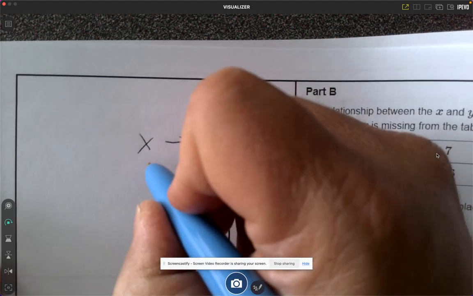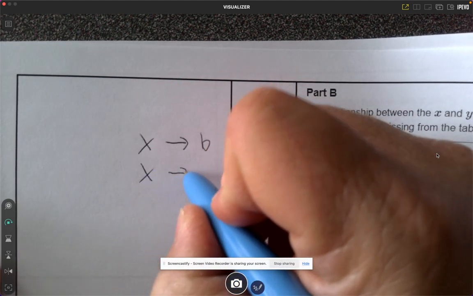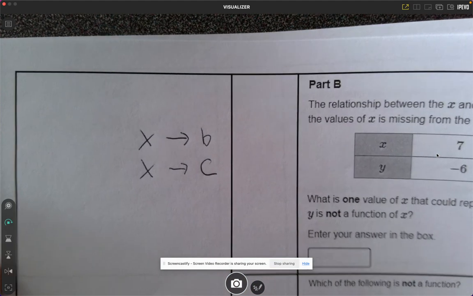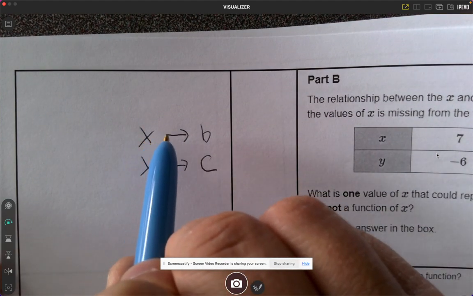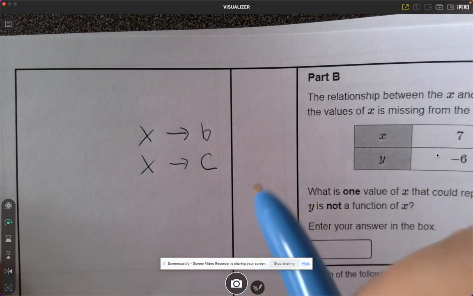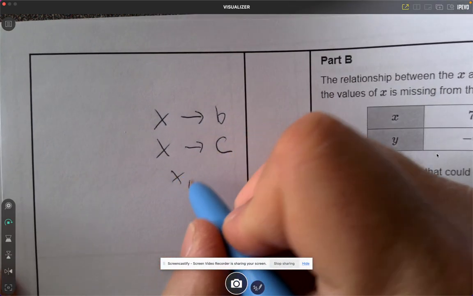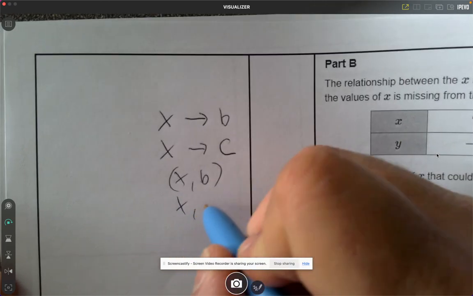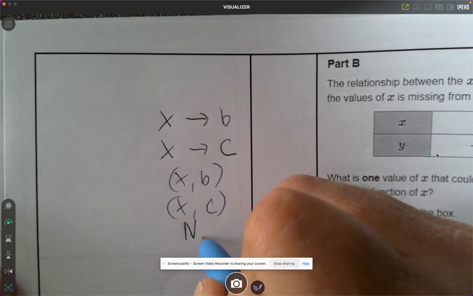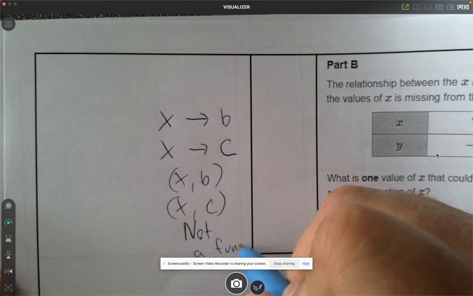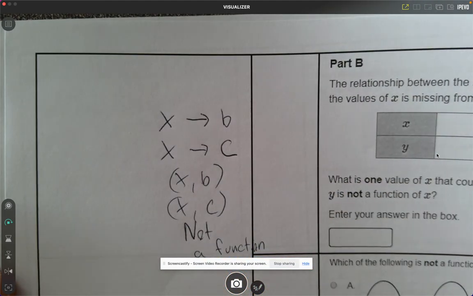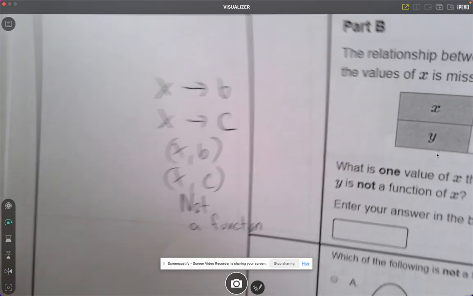But then let's say x goes in again, and for some other reason c comes out. That is a broken machine, because every x is supposed to give one unique output. So this would be xb, xc. That is not a function. All right, so that is just a review on function, not a function.